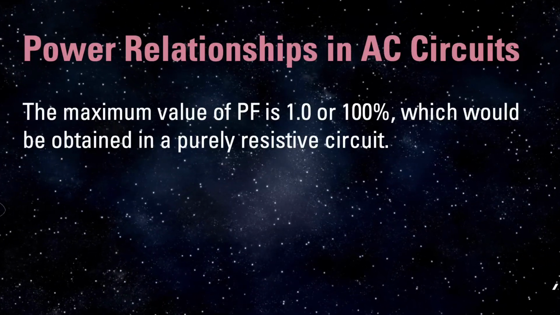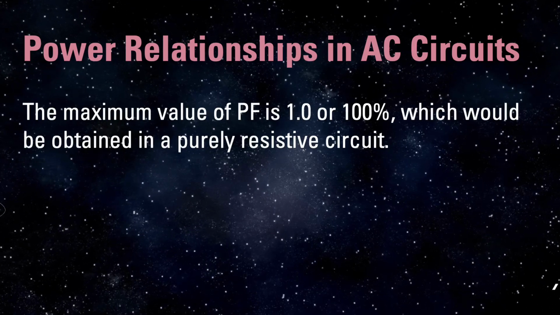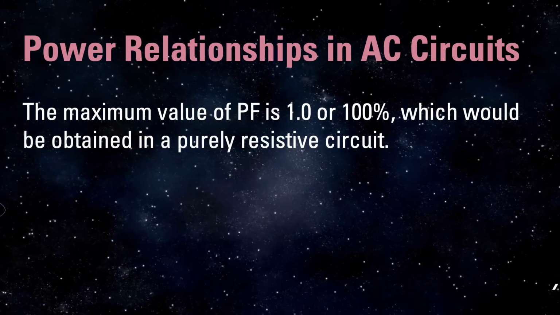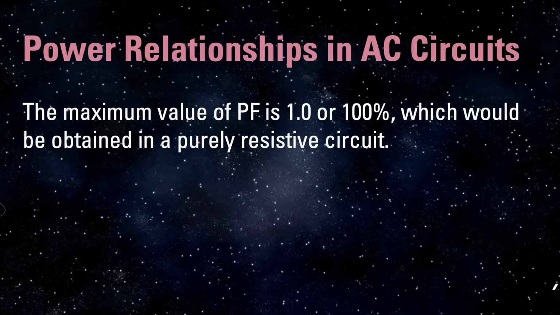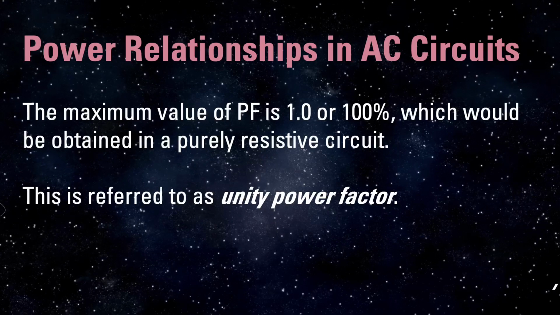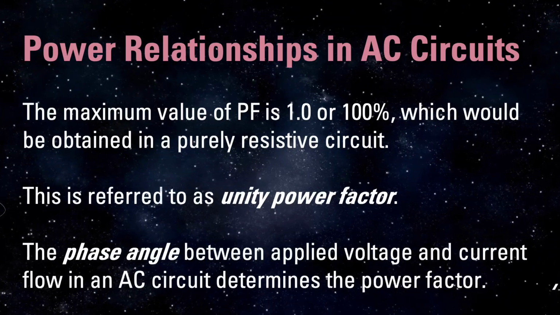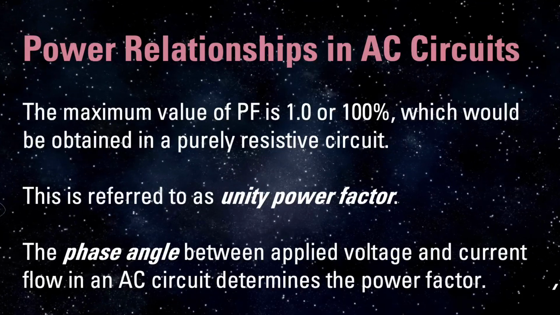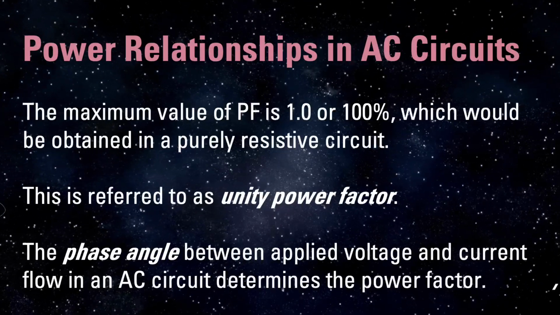The maximum value of PF is 1, or 100%, which would be obtained in a purely resistive circuit. This is referred to as unity power factor. The phase angle between applied voltage and current flow in an AC circuit determines the power factor.